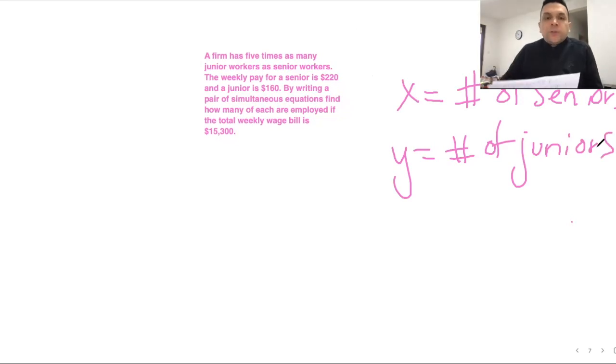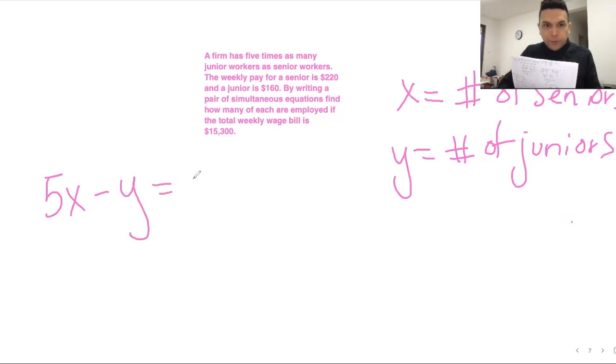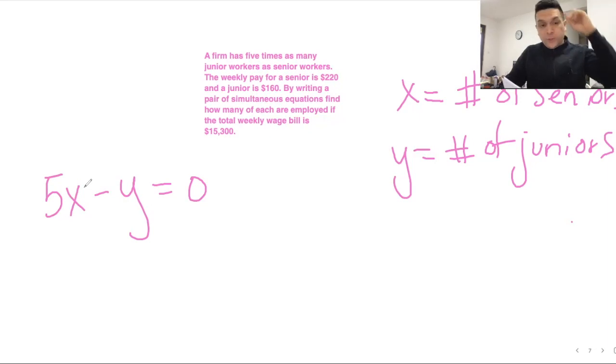It says they have 5 times as many junior workers as senior workers. So 5x equals y. They have 5 times as many junior workers as they have seniors.